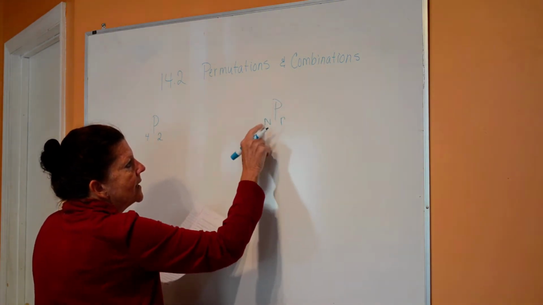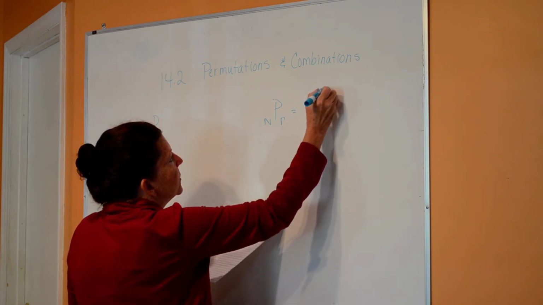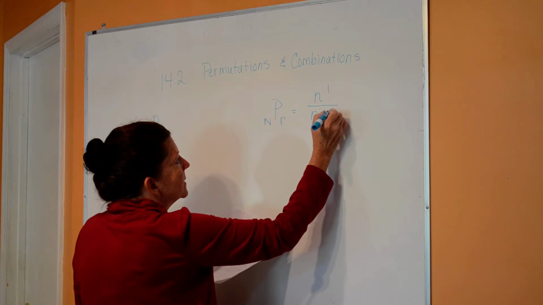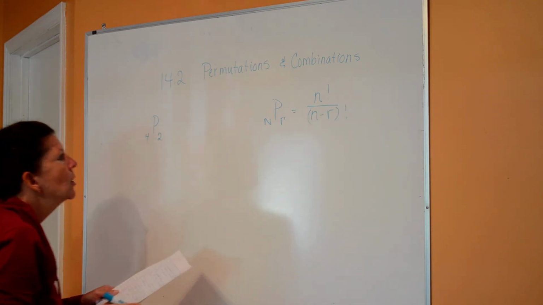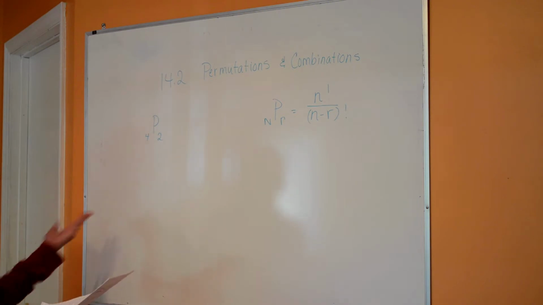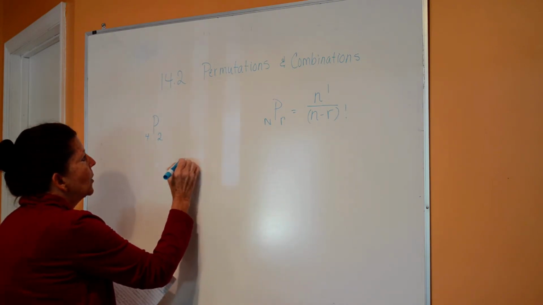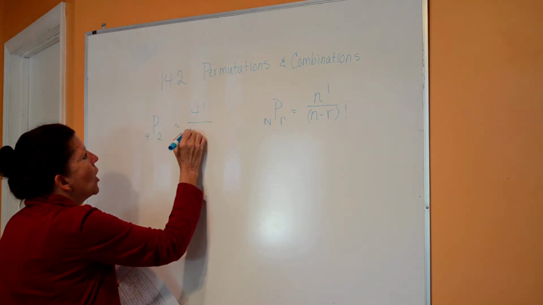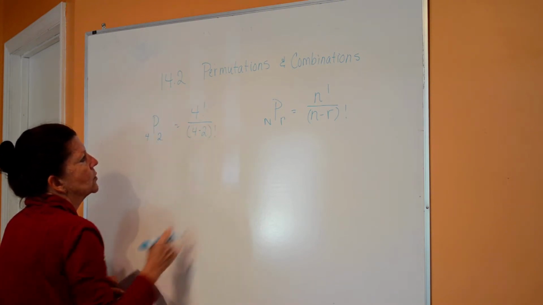This is the permutation of n things taken r at a time, and it's equal to n factorial over n minus r factorial. So when I'm talking about, let's say, 4 things 2 at a time, that's the same as saying 4 factorial over 4 minus 2 factorial.